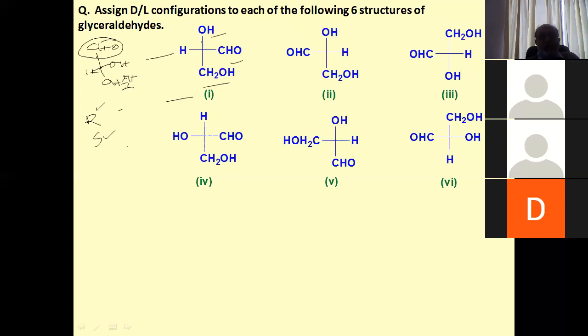Tell me whether it is R or S. Yes, sir, S. Let us see. 1, 2, 3, 4. 1, 2, 3 rotation is coming clockwise, but it is horizontal position, so it should be anti. So this is S. If it is S, what is this glyceraldehyde? This is your L, L-glyceraldehyde or L minus glyceraldehyde. Simple. So you can do it for all. Take down all this and do it at home.